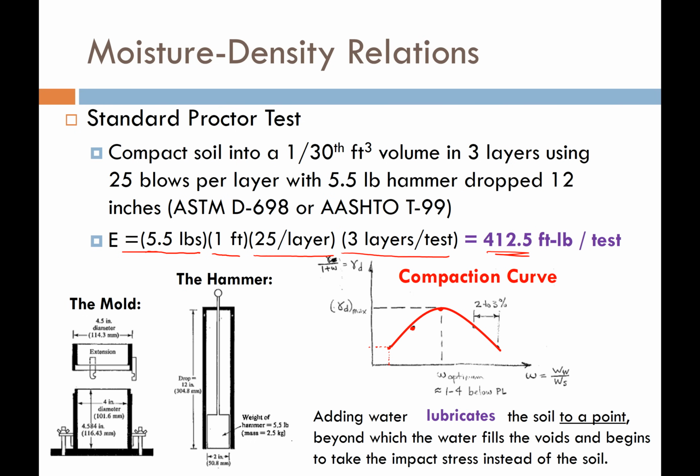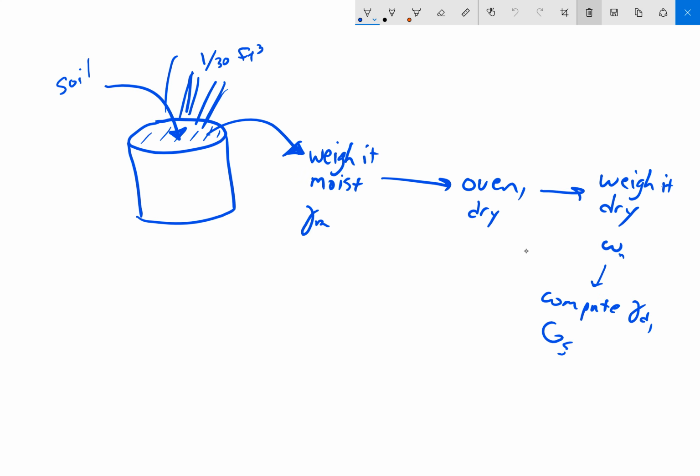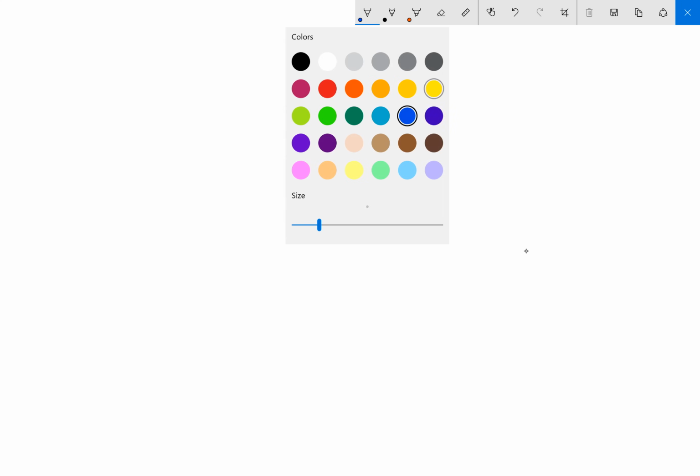But it only works to a point, because if you think about it, if I have sand particles, sand particles, sand particles, where does the water reside in soil? Well, the water resides right in the void space. But ironically, it's the void space that we're trying to eliminate when we do compaction.